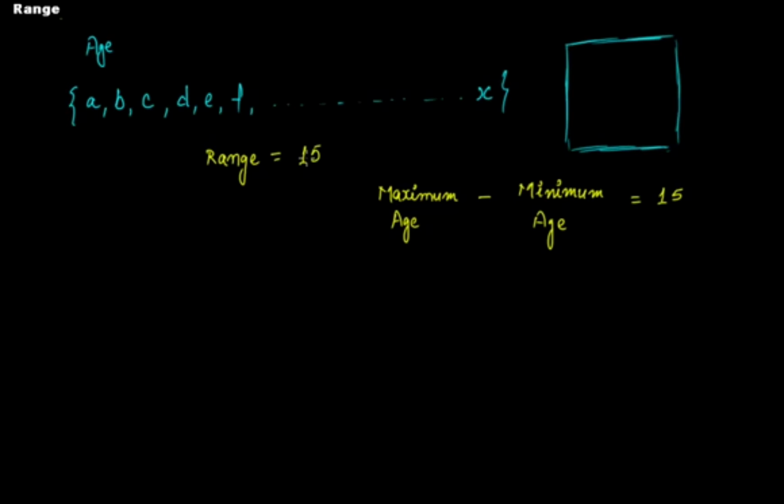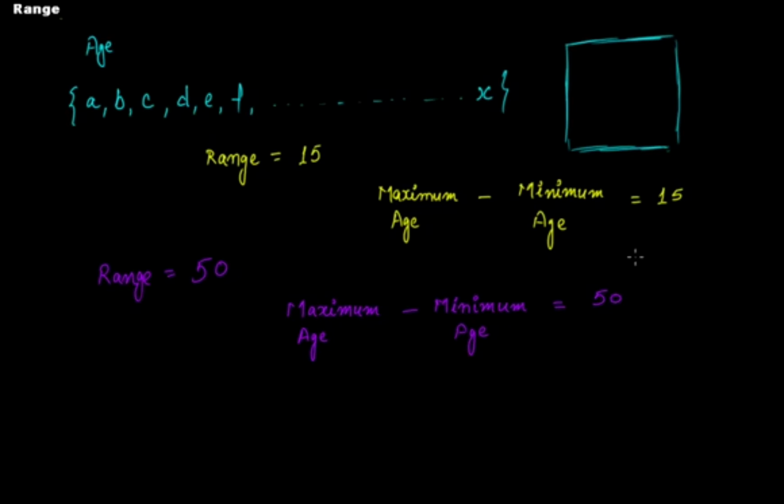Okay, let's say that the range was 50, not 15, but 50. In that case, someone asks you what you will conclude now. You'll say, hey, you know what? The maximum age in this case minus the minimum age in this case is actually 50.